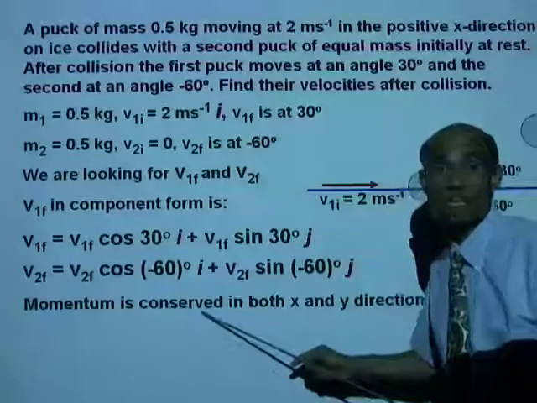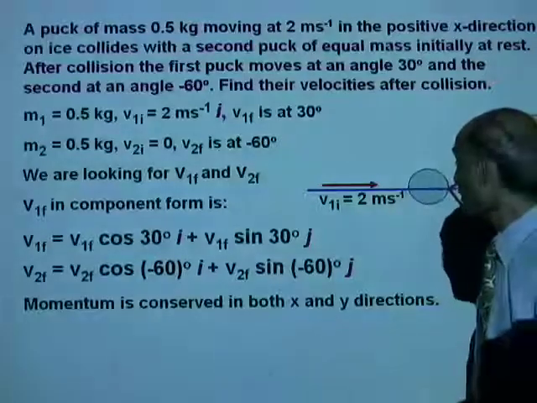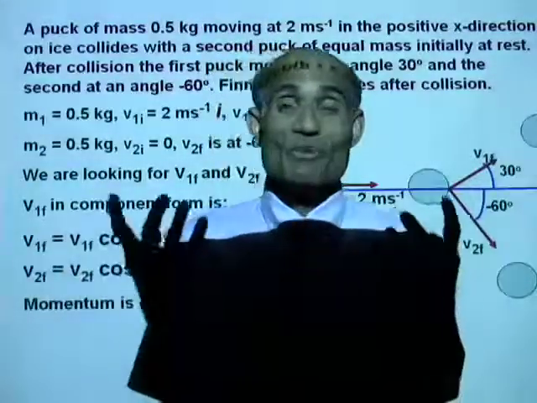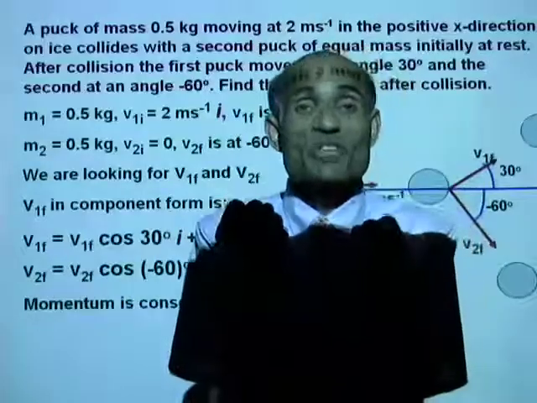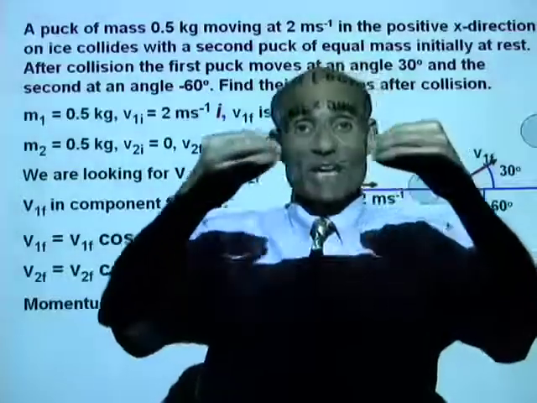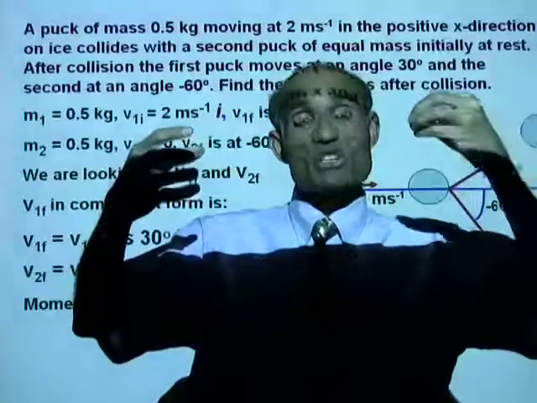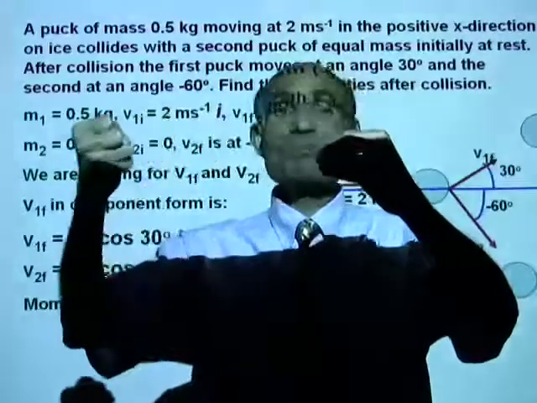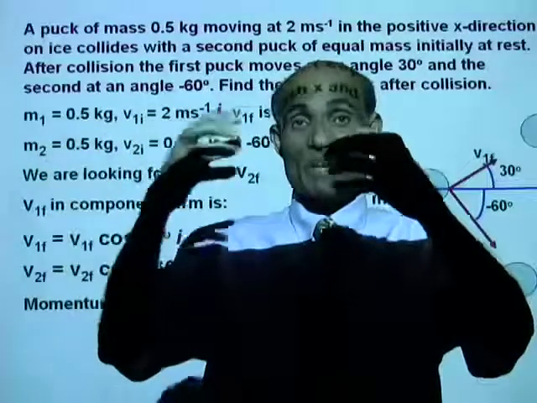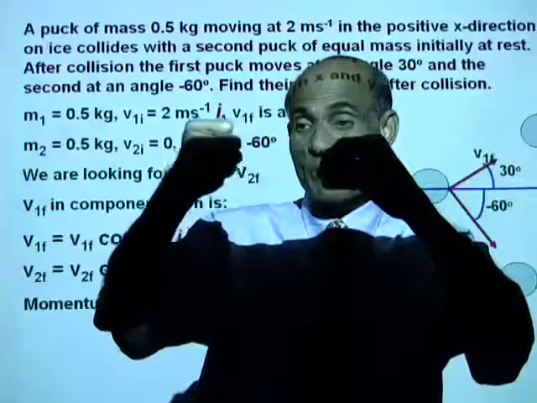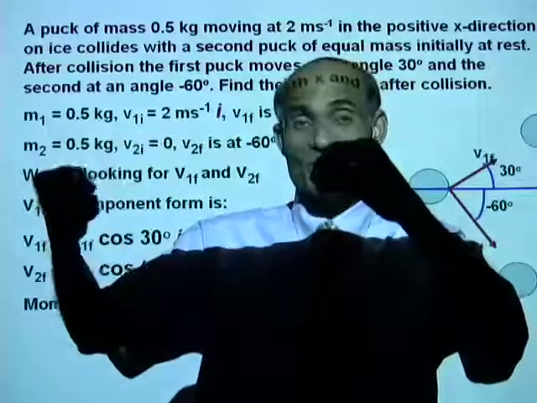The momentum is conserved in both x and y direction. Now, when we say momentum is conserved in a collision, it means the initial momentum in the x direction must be equal to the final momentum in the x direction.